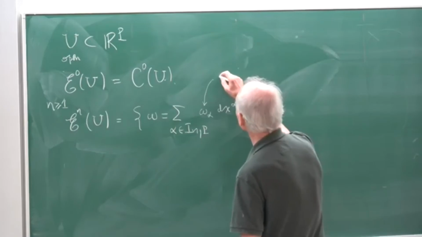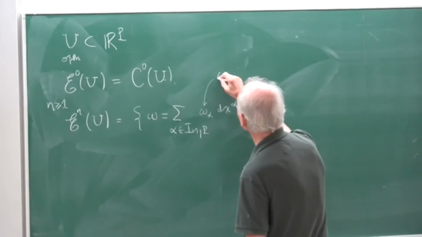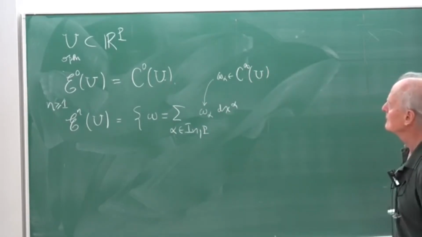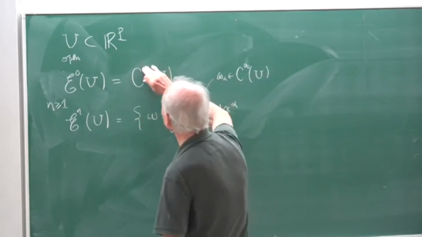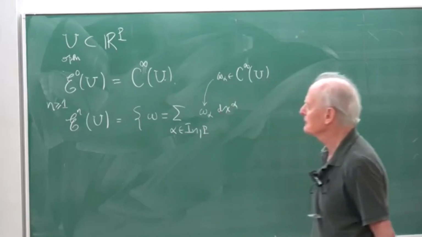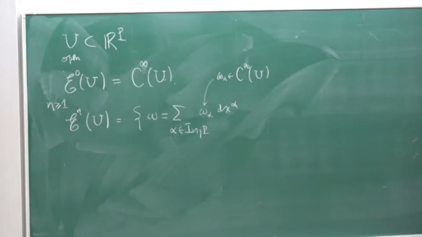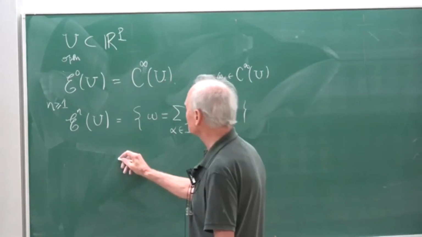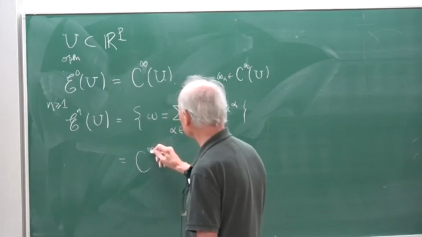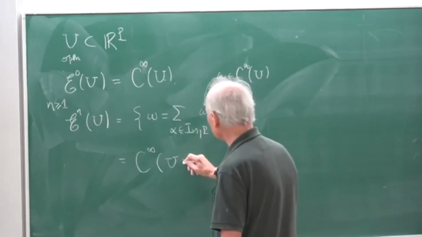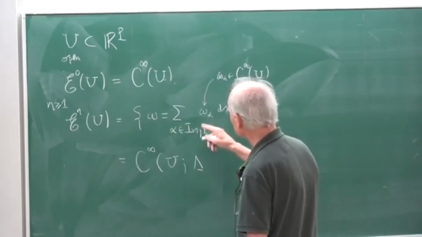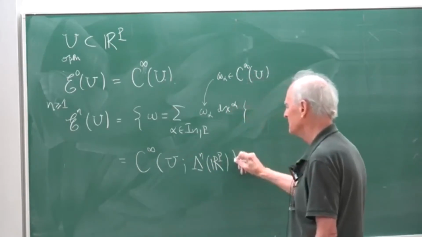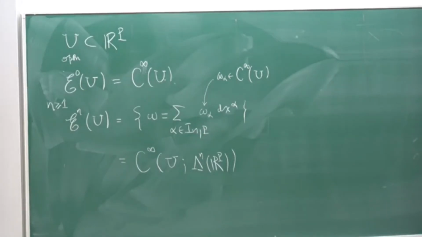So this is omega alpha in C infinity on U. Oh, sorry, these are supposed to be smooth forms, so this is C infinity. E0 is the C infinity functions on U. And likewise, the n forms are those that... So what does that really say? That means that E n of U is the space of C infinity functions defined on U with values in lambda n Rp. That's all.